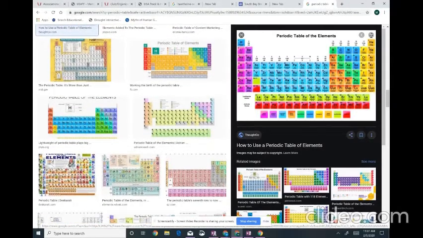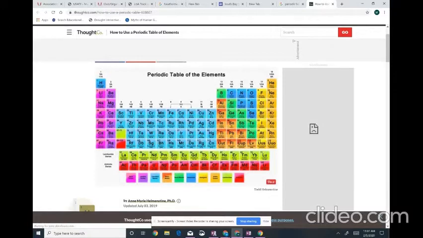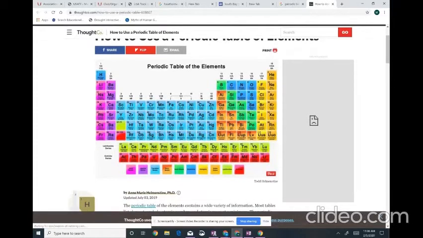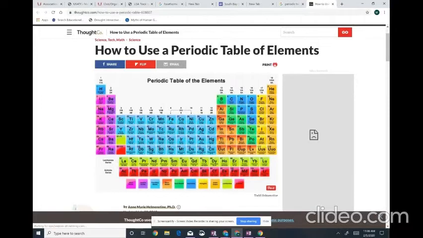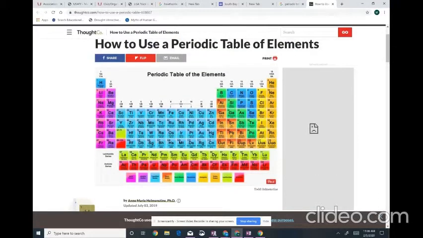On this periodic table, in this area right here, you will see a bold line. You see all these green ones, and there's a bold line that goes in between. If you are in 14 through 17, those are all non-metals.